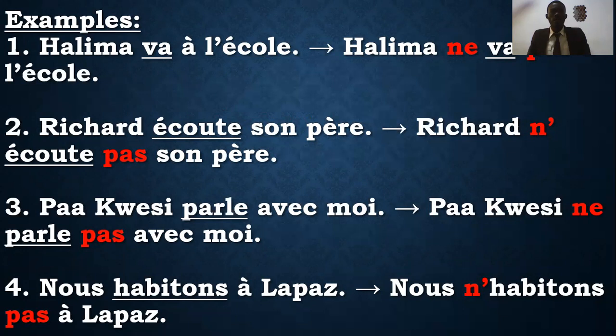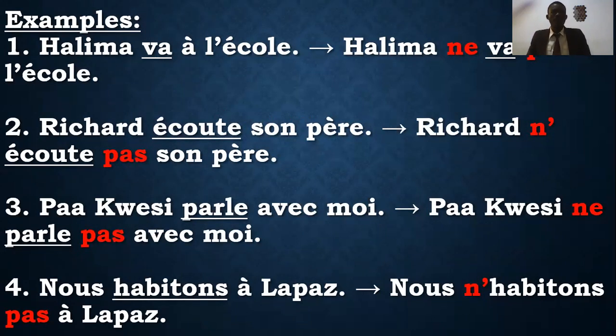Alima va à l'école. Alima is going to school. Negative: Alima ne va pas à l'école. Va is the verb. So ne at one side, pas at the other side. The verb is now in the middle. Alima is not going to school. So you can say that ne pas is translated by not in English.